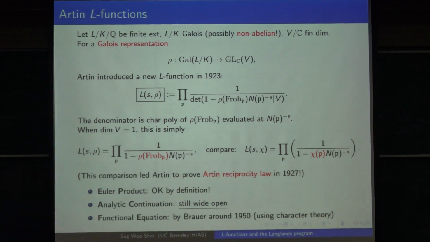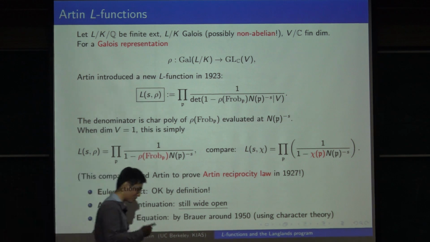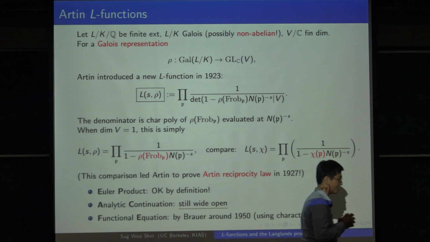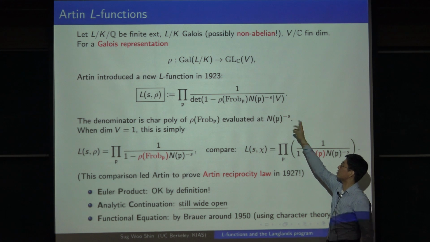Because you can't. That's the shortest answer. In fact, when P is ramified, he didn't define the factor in 1923. In 1930, in a later paper, he defined what the factor should be. The Frobenius element is not defined, but what you can do is tweak this a little bit.